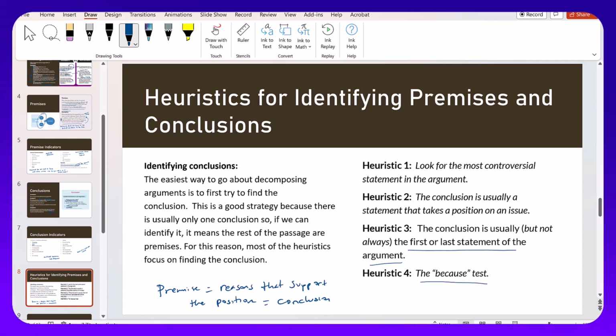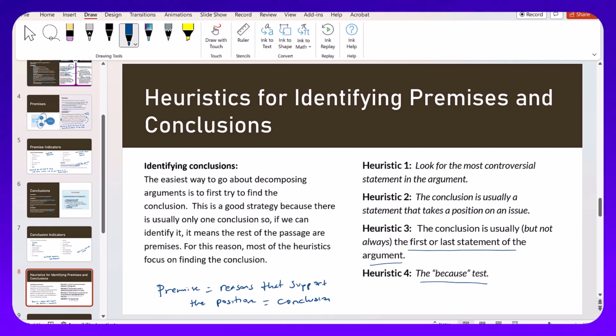And then you have the because test. Now, the because test, again, is also something that doesn't always work, because we looked at A because of B. There can be the word because and it not be an argument. So anyone could argue that any of these 4 things does not guarantee an argument. They just make it very likely that you can identify the conclusion.